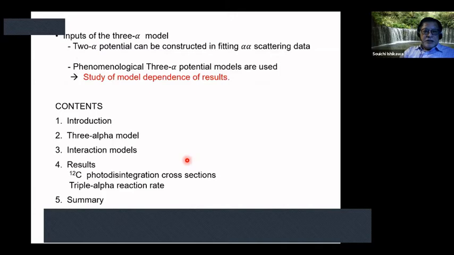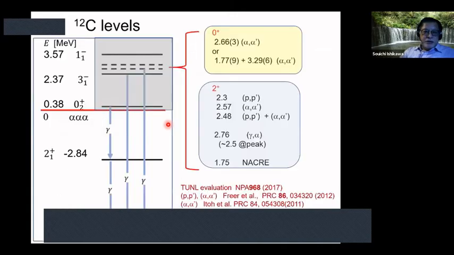So I should calculate all these processes in the 3 alpha model.